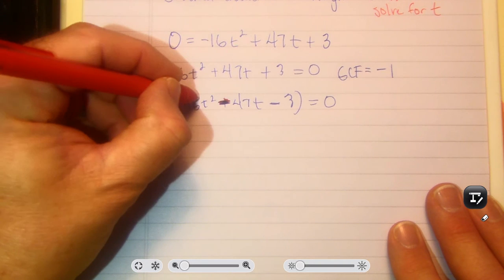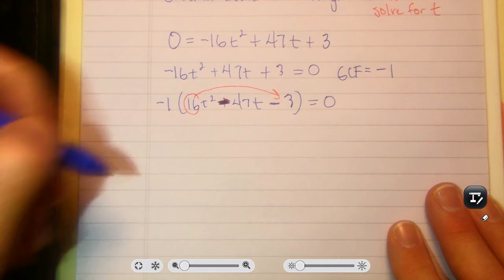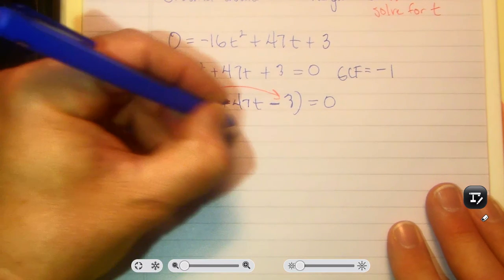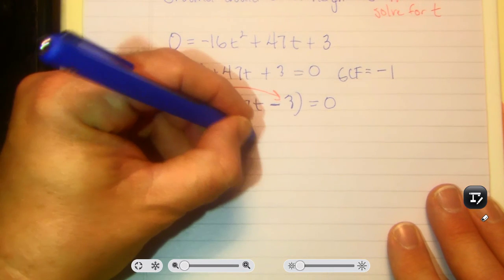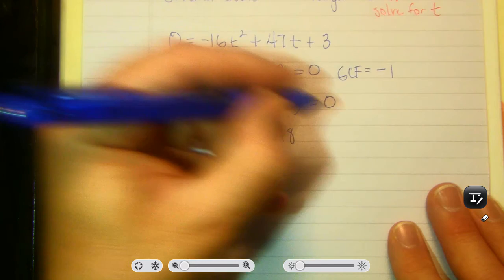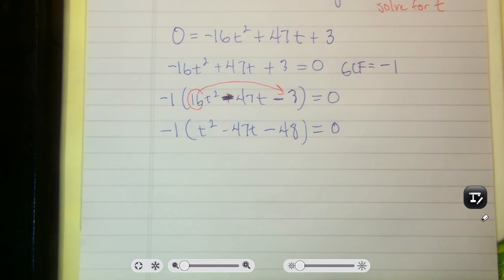I'll multiply 16 times negative 3 to factor it. So this will be t squared minus 47t minus, I believe 16 times 3 is 48. You should double check me on that.